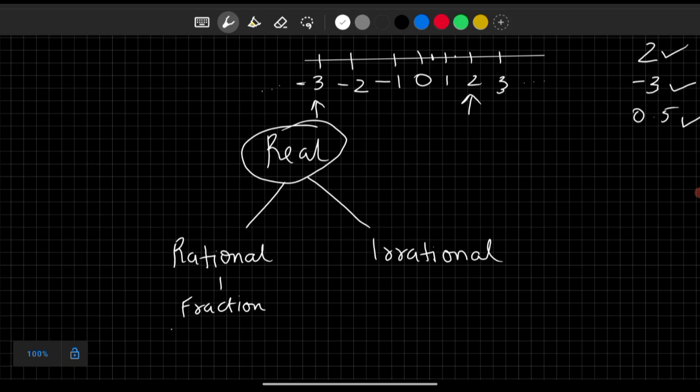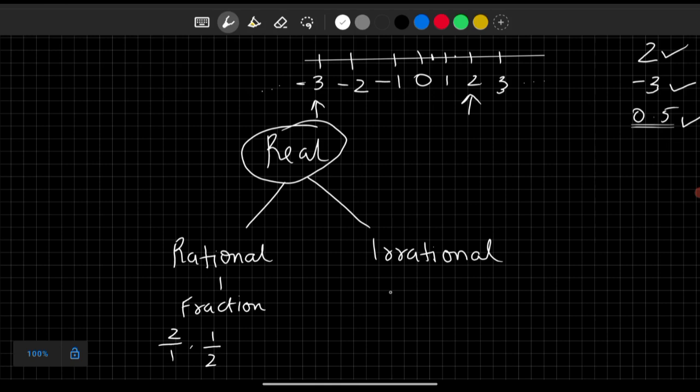Now, 2 can be represented as 2 by 1. So, 2 is a rational number. Now, we talked about 0.5 here. 0.5 can be written as 1 by 2. So this is also a rational number. So any number that you can represent as a fraction is known as a rational number. They can be integers and they can also be decimal numbers.